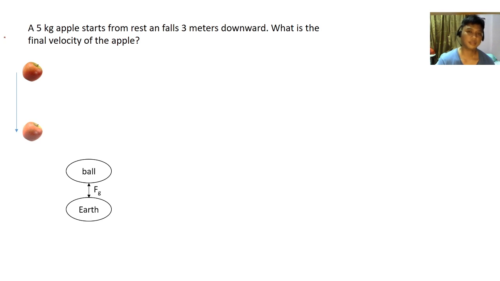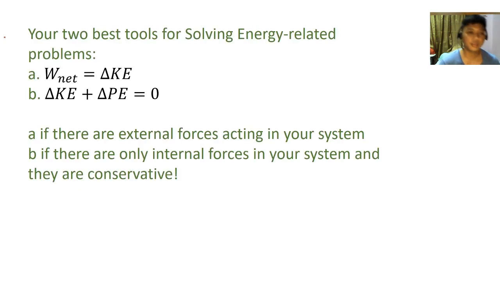So let's focus on the ball as our system, right? Are there any external forces? Yes. And since there are external forces, we are going to use letter A. Work net is equal to change in kinetic energy.